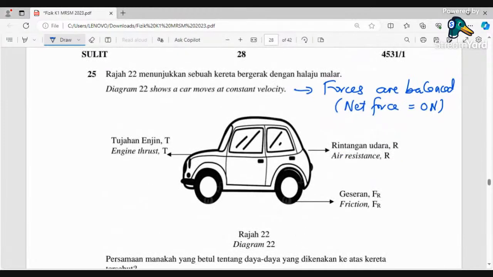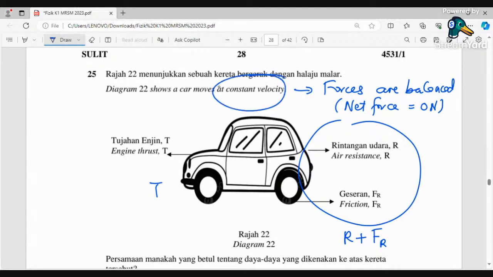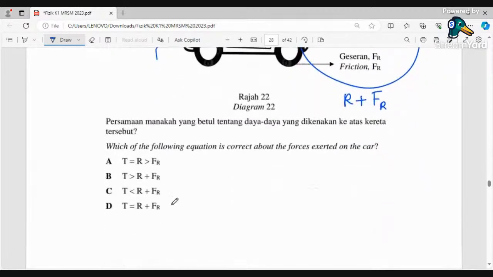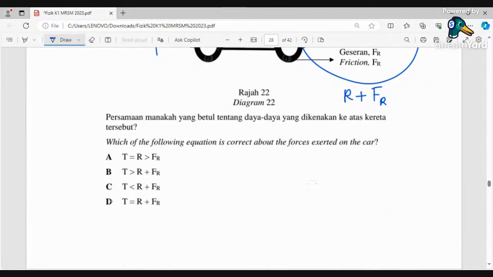Jadi maksudnya ini sebelah kanan, sebelah kanan ialah R plus FR. Kalau dia same direction, kita boleh add. Ini T. So means T equals R plus FR. Sebab sini mention constant velocity. Jawapan D lah.